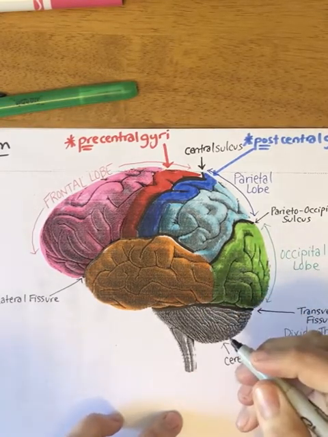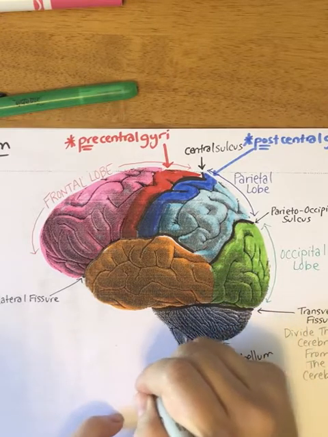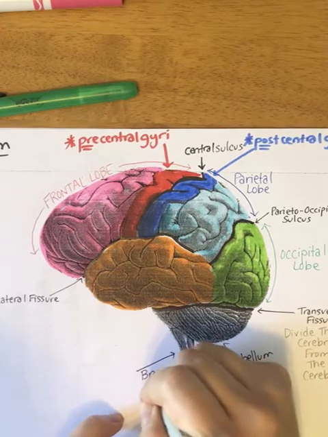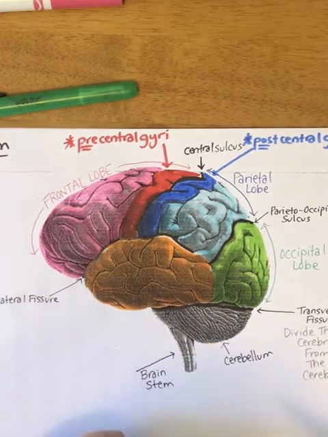We could also label the brainstem. But those are divisions. So we're going over the cerebrum.